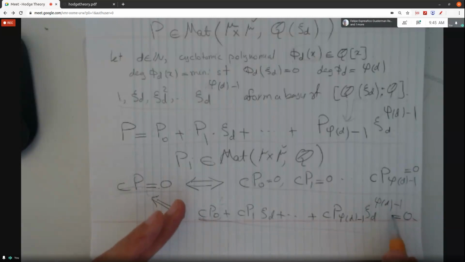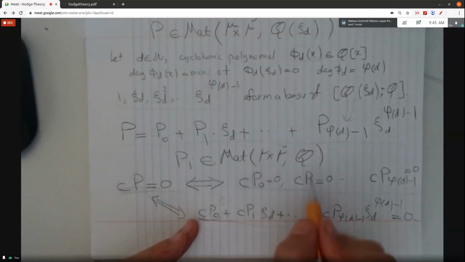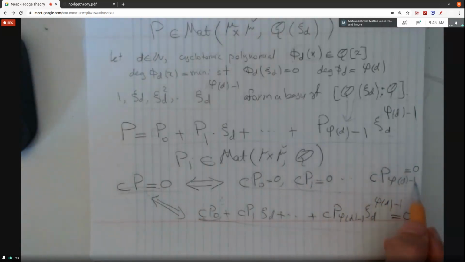Since there is no linear relation with rational coefficients, it will imply that Cp0 equals 0, Cp1 equals 0, and Cp_{phi_d minus 1} equals 0.